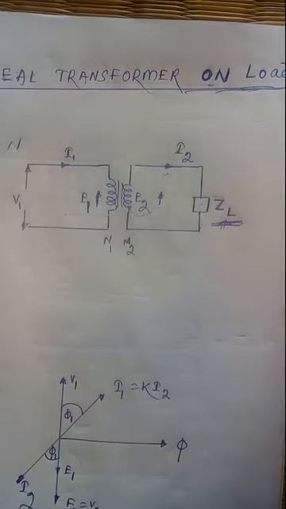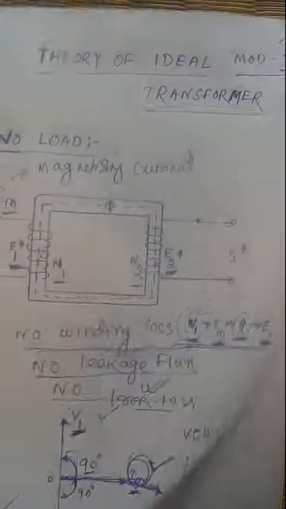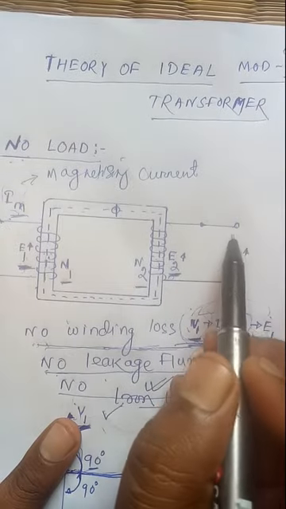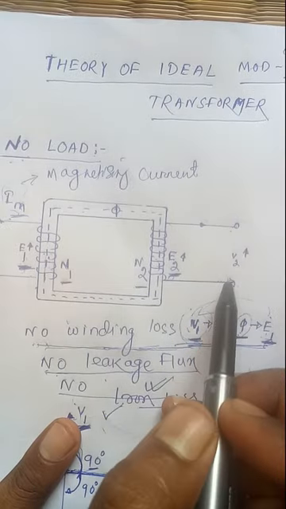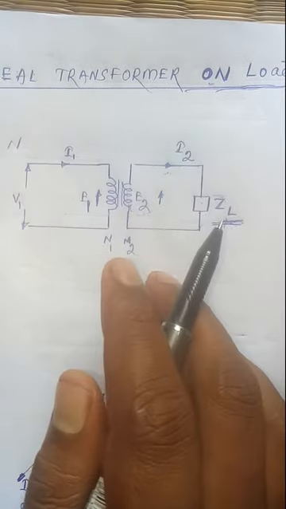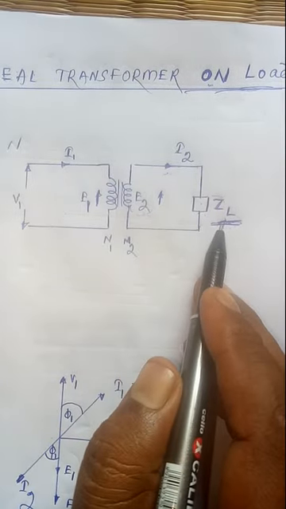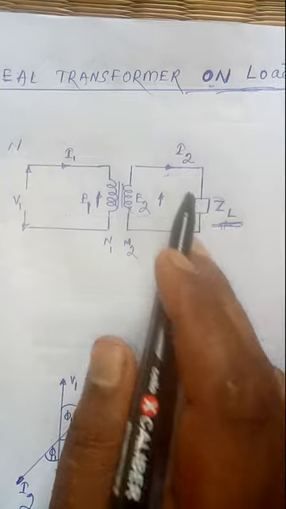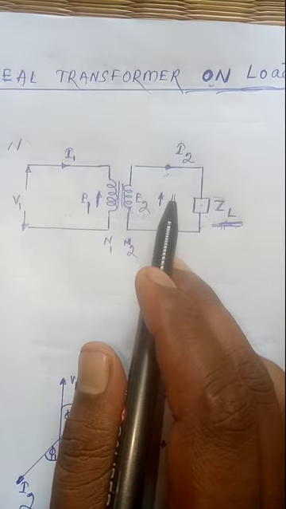In the previous case, this terminal is open, that means no load is connected. Now the load having impedance ZL is connected across this secondary terminal.